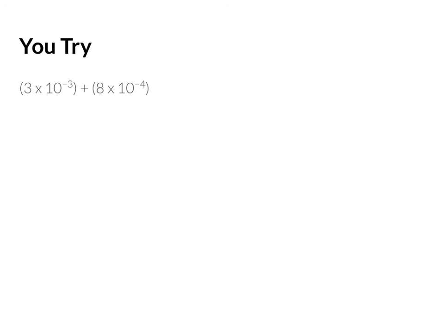Ready? I'm going to convert the 8 times 10 to the negative 4th to be multiplied by 10 to the negative 3rd. Since I'm adding 1 to this power, I have to take 1 away from this, bringing me to 0.8 times 10 to the negative 3rd.